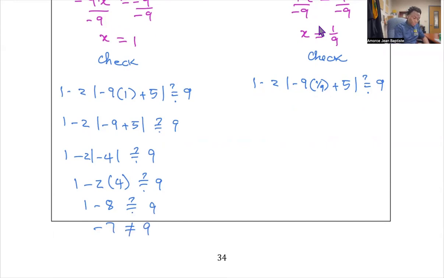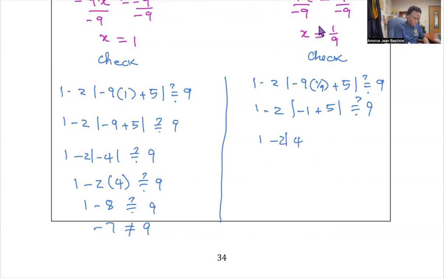Over here, 1 minus 2. Negative 9 times 1/9, that's negative 1. So absolute value of negative 1 plus 5, is it 9? One minus absolute value of 4.